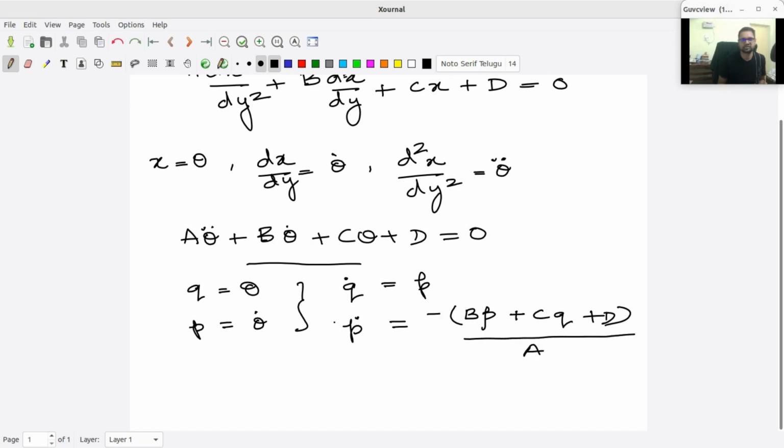So now we have two first order differential equations in p and q instead of one second order differential equation.